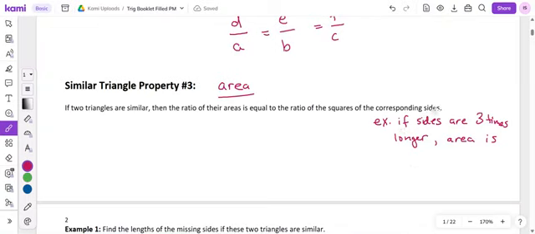If the sides are 3 times longer, what's the area going to be? 3 times 3, which is 9, right? Then the area is 3 squared, 9 times bigger, right? That's what we figured out.